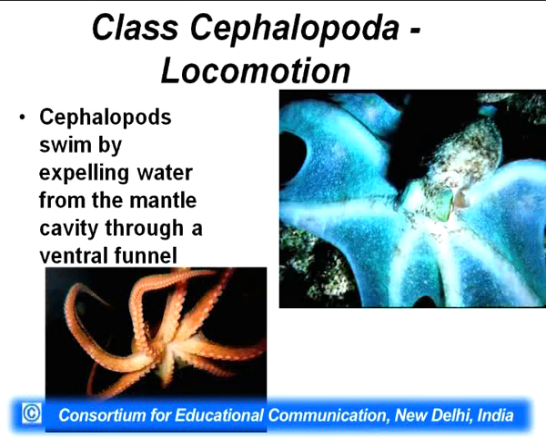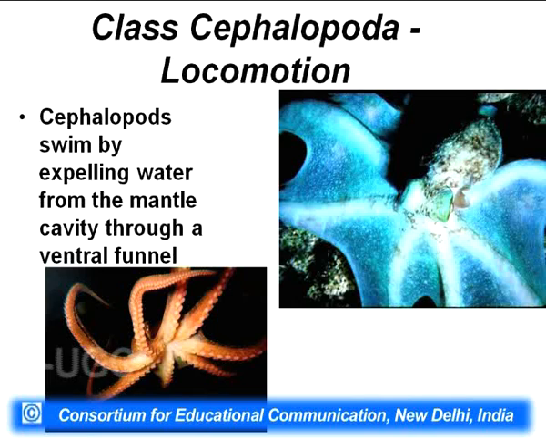If we look at an octopus, which has 8 arms, all the arms are provided with a number of suckers. These arms are spread out in water, and with the help of these arms they are able to capture their prey. The octopus and the cuttlefishes have a very interesting feature.